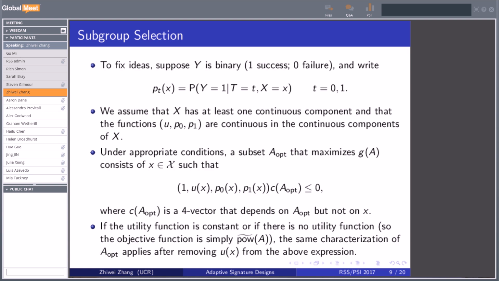It is the continuous case that is more difficult to deal with, and that's what we consider here.